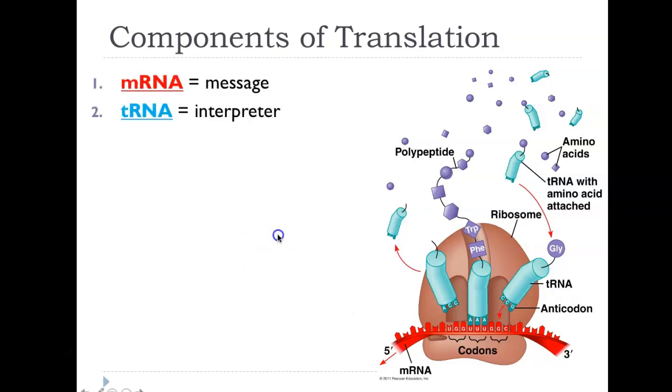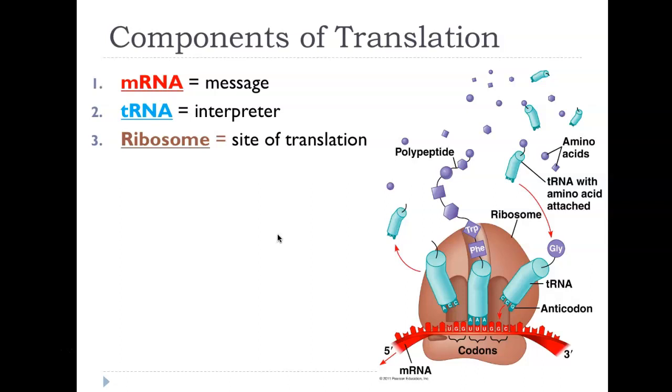All right, so here are the three components. mRNA is the message, tRNA is the interpreter, and the ribosome is the site of translation. So we had transcription occurring in the nucleus of the eukaryote and in the cytoplasm of the prokaryote. The prokaryote mRNA is ready to be translated.